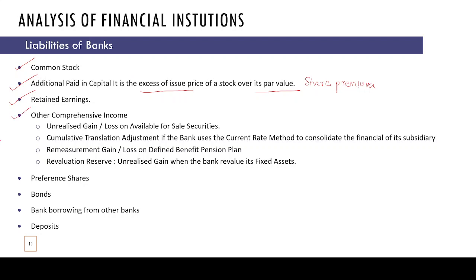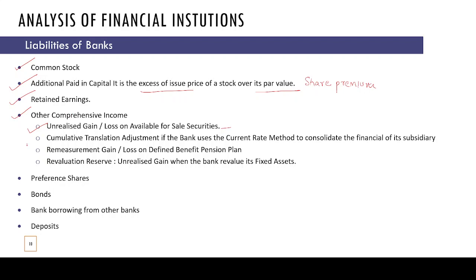Now we know that certain unrealized gains and losses are not passed through the income statement, they are passed through OCI. And OCI or other comprehensive income is a part of shareholders' equity, right, which is reported on the balance sheet. Now, what are the likely items which form a part of OCI? First is any unrealized gain or loss on available for sale securities.